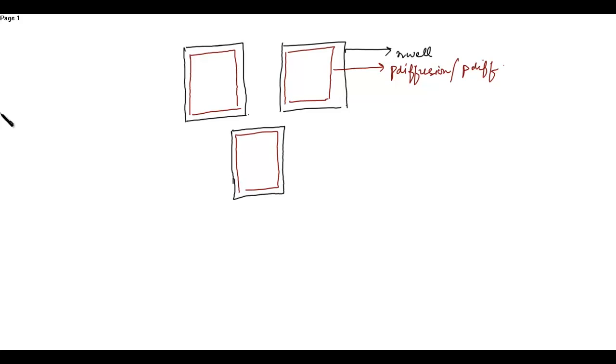Then of the same area, you need the N diffusion layer. So in the N diffusion layer, you have these in series and this is in parallel.